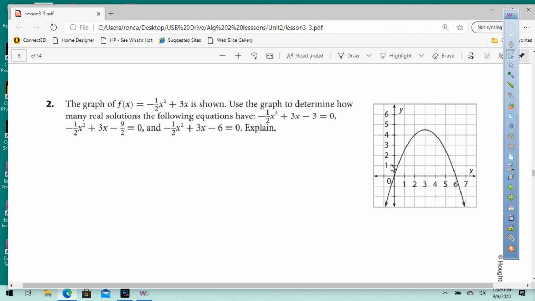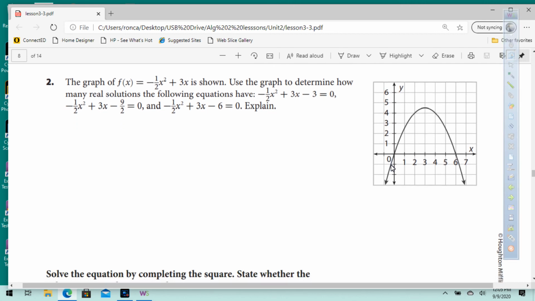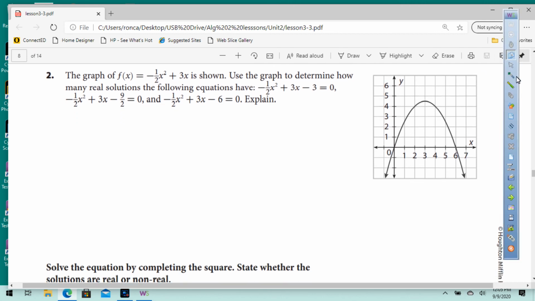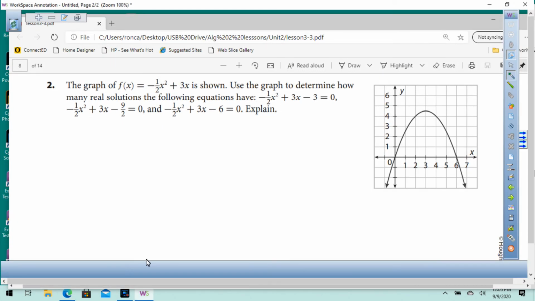Number 2. And this is going to be kind of like before. That is shown, and then we're going to add 3 to both sides, and we'll find out where that is.